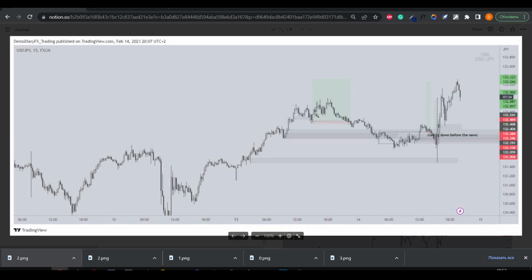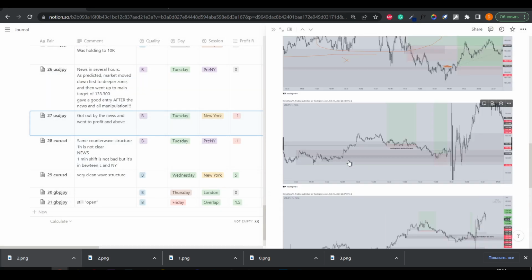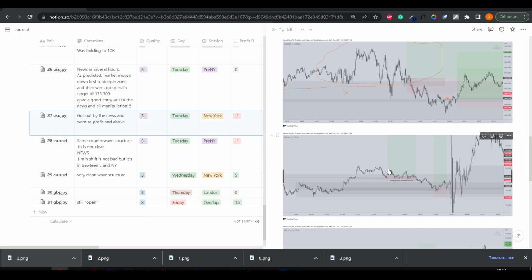Here is how it looked. I think this was my first entry, something like this. On this 15 minutes, I will look into it later, and this was the entry, a shift on 15 minutes, coming back to the zone, and just this crazy news candle. Overall the bias, the direction, was correct, but the news was really bad.